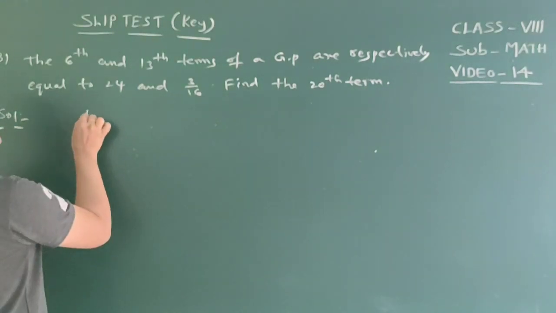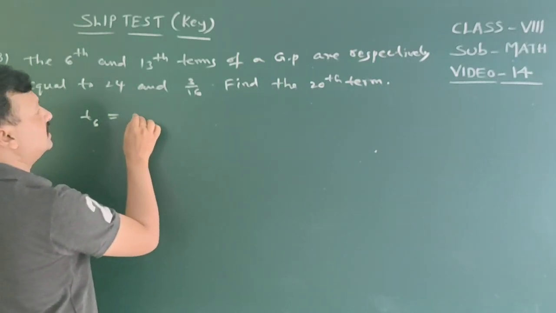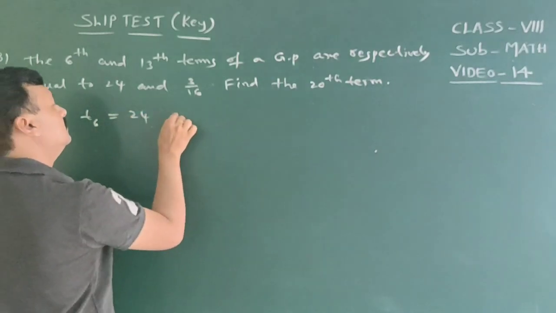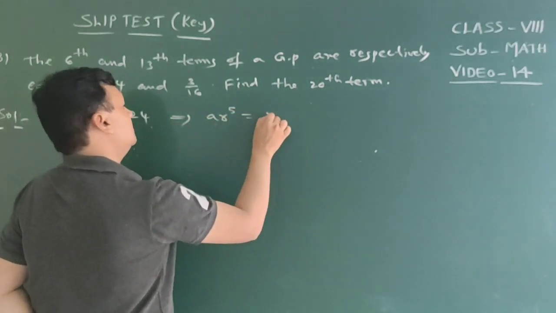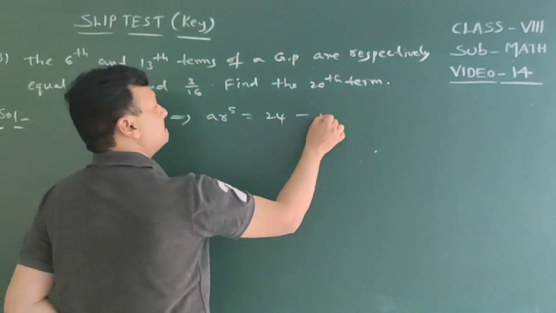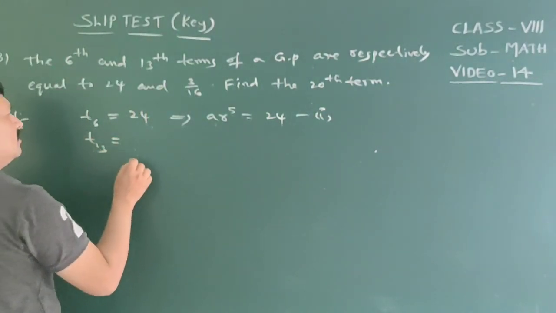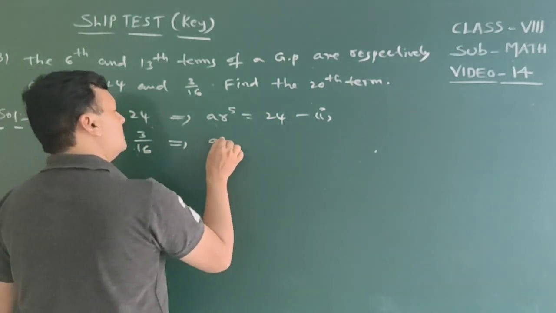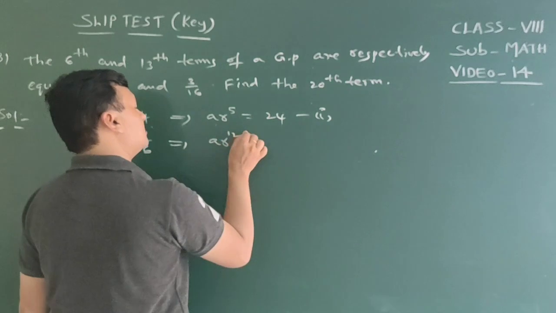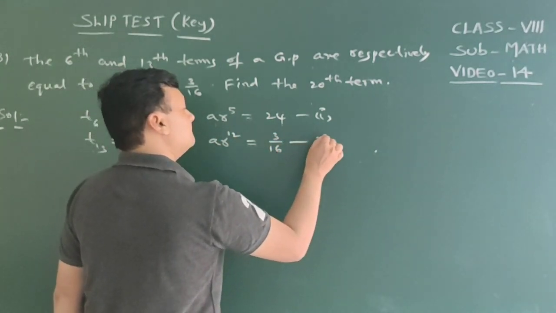Here the 6th term T6 equal to 24 they give, which means a r power 5 equal to 24, that is equation 1. Next T13 equal to 3 by 16, that is a r power 12 equal to 3 by 16.